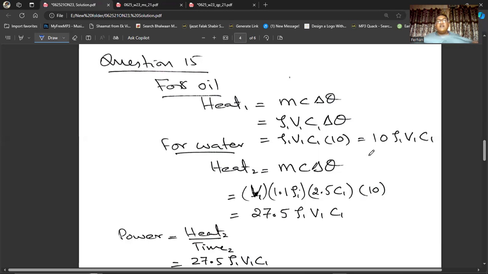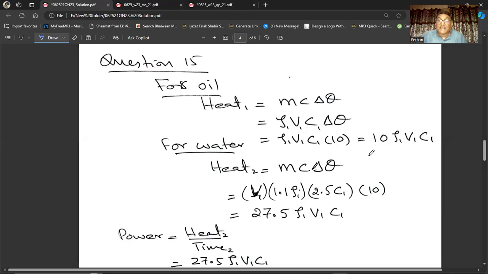Now for water, the heat required to raise the temperature will be mcΔθ, same formula. The mass of the water will be volume multiplied by density. The water volume is the same as that of the oil. The density of the water is 1.1 times the density of the oil, so it will be 1.1 ρ1.